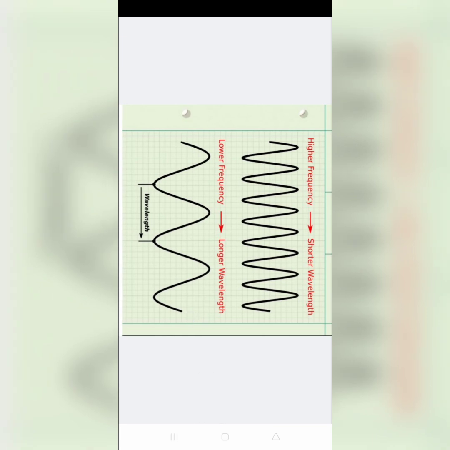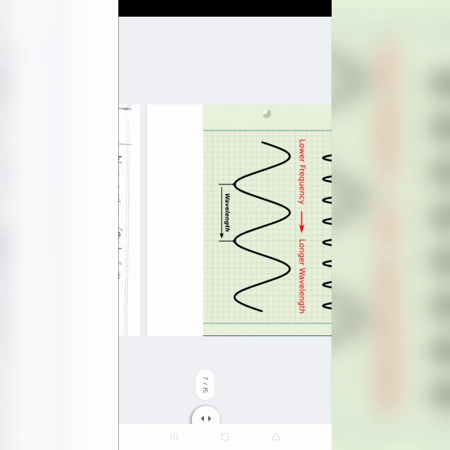That means fewer cycles pass through a point per second. You can also see the wavelength is the distance between two consecutive troughs as shown in the figure. Wave number is defined as the number of crests or troughs in a given unit length of a wave.